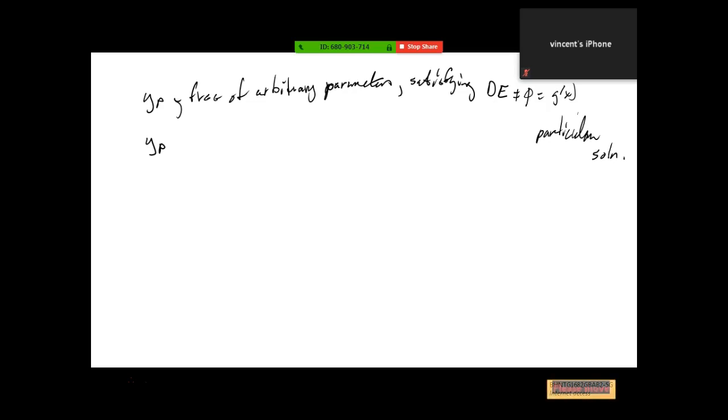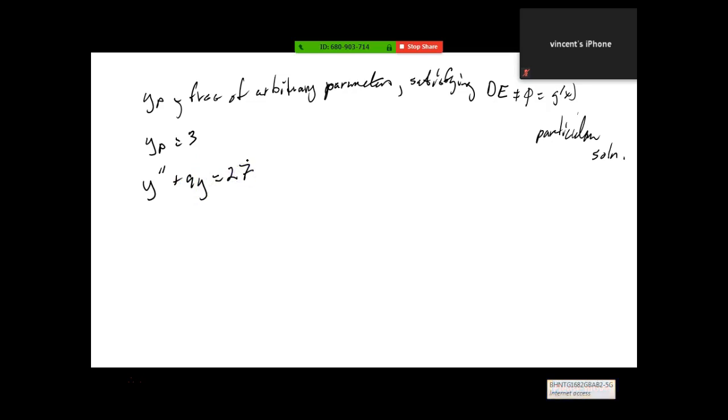And they're saying here, here's one, y sub p is equal to 3. Now that's a pretty simple particular solution. Well, here is the non-homogeneous equation. y double prime plus 9y is equal to 27.